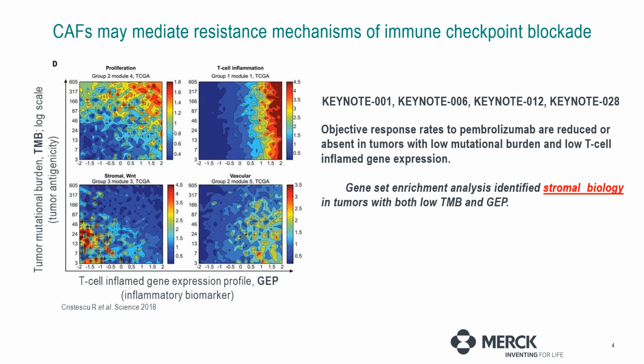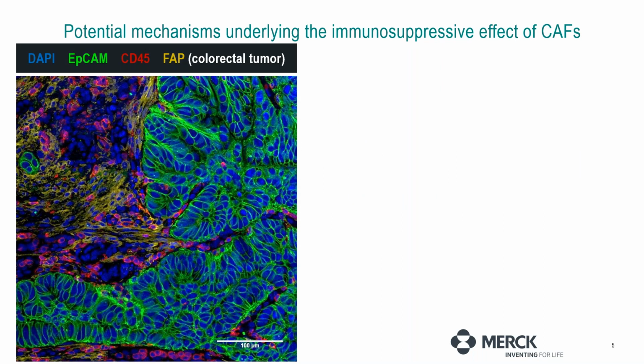So what are the known immunosuppressive features of CAFs? Let's first look at the confocal image of a human colorectal tumor section. EpCAM marks the epithelial cells, FAP marks the cancer-associated fibroblasts, and CD45 marks the tumor-infiltrating immune cells.